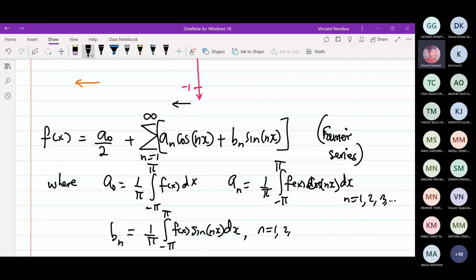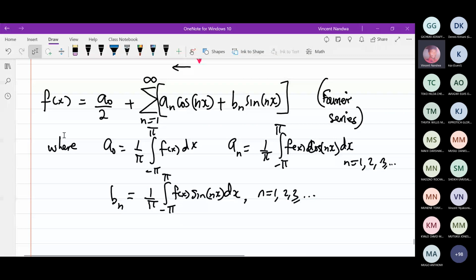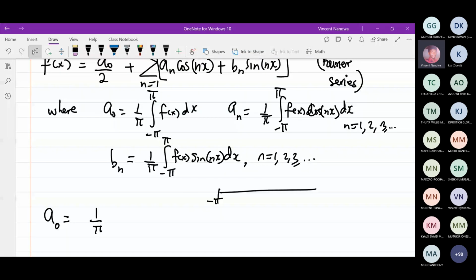So the work is on how to determine the Fourier coefficients a naught, an, and bn. You have to sharpen your integration techniques. So to get a naught, we'll have 1 over pi. So remember, if I'm moving from minus pi to pi, but our function has been defined by 2 formulas. There's a value from minus pi to 0, and then 0 to pi.